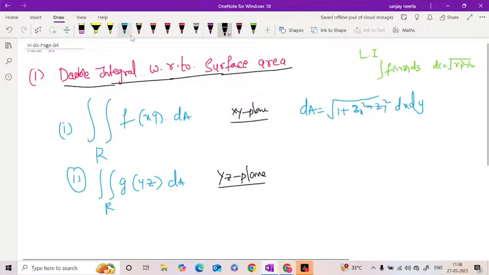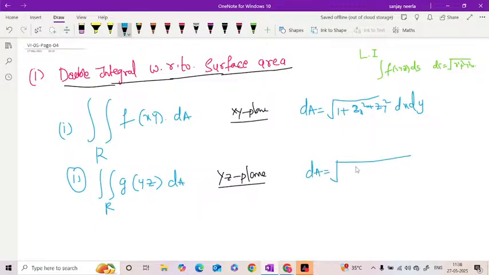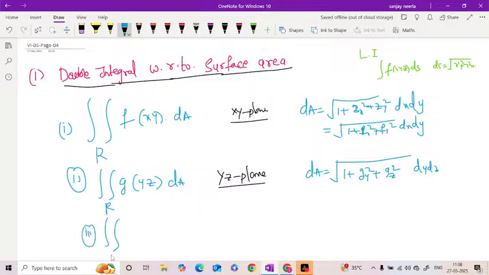Now here the dA is equal to under root of 1 plus gy square and gz square into dy into dz. In the first one also, under root of 1 plus fx whole square plus fy whole square into dx into dy. Similarly the third one, double integral of function of xz.